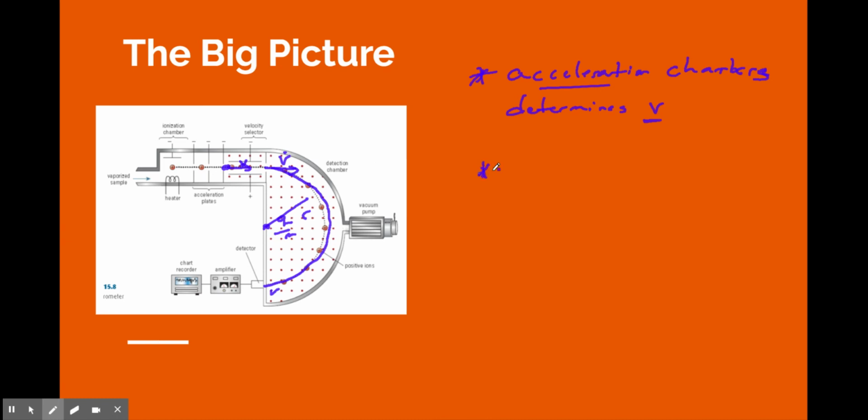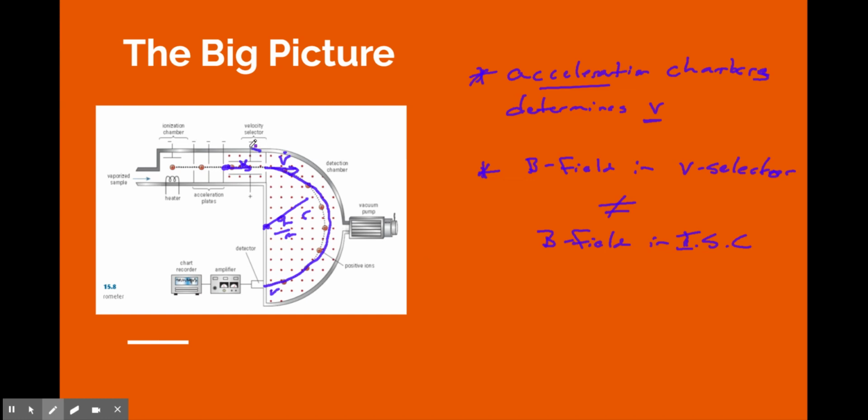The second thing we should keep in mind is that the magnetic field in the velocity selector, V selector, doesn't necessarily equal the magnetic field in the ion selection chamber, ISC, if I can call it that.